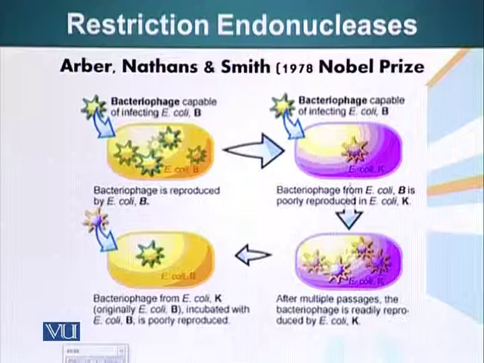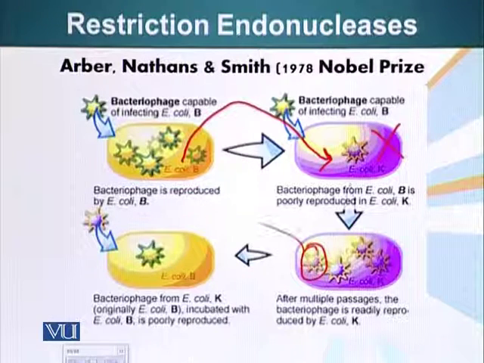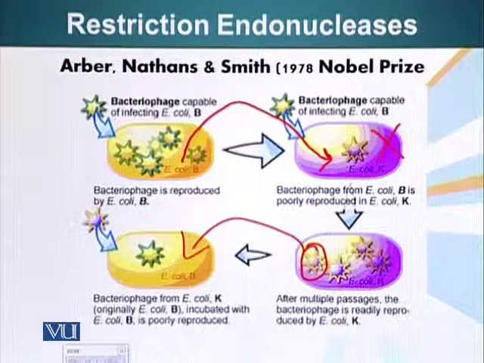So here, bacteriophage that could grow in E. coli B was taken to E. coli K. Here, it was not able to infect K very well. However, after several generations, it was, and then the same virus was used to infect E. coli B. This virus could not infect E. coli B very efficiently now.